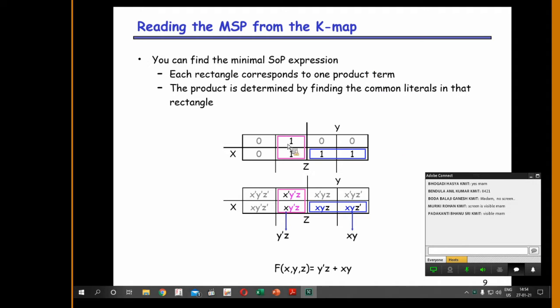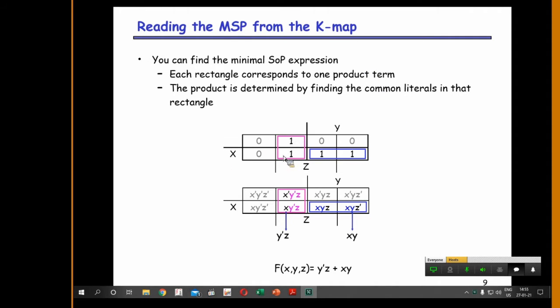So after mapping your function, we have to go for the minimization of the function using the K-map method. In order to minimize that function, we have to check whether the possible binary cells are adjacent or not. If those cells are adjacent, then form the big square, and that minimizes the literals.